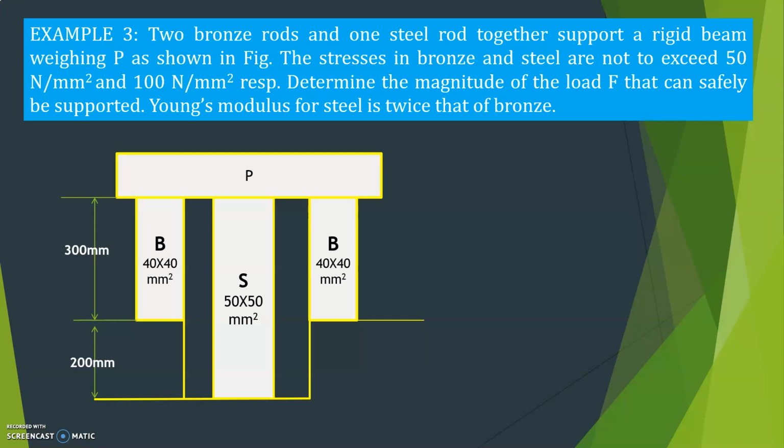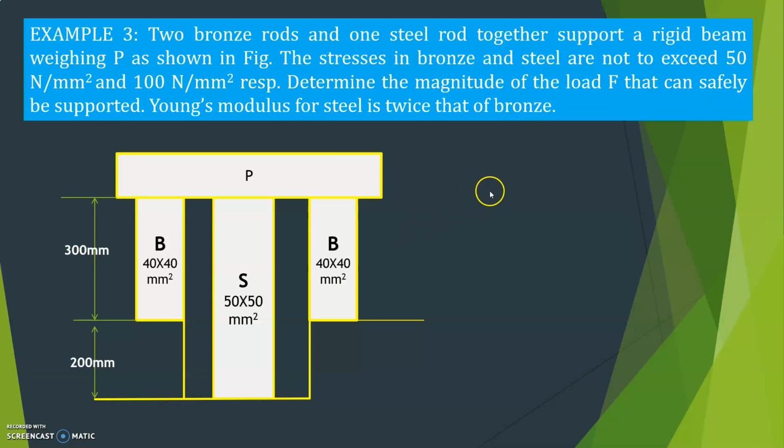It should not exceed these two values. Stresses in the bronze is 50 Newton per mm square and stresses in the steel are 100 Newton per mm square. So first you have to find the stress and check whether they are less than the given stress values. Then you can find what is the safe load.